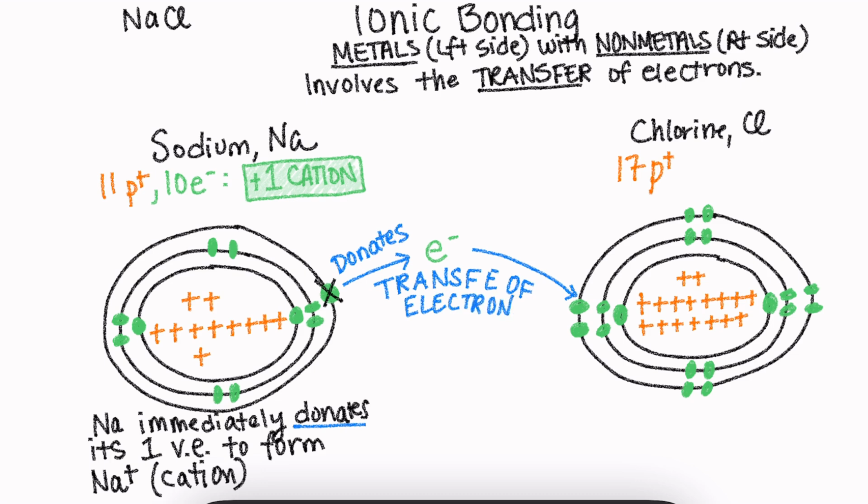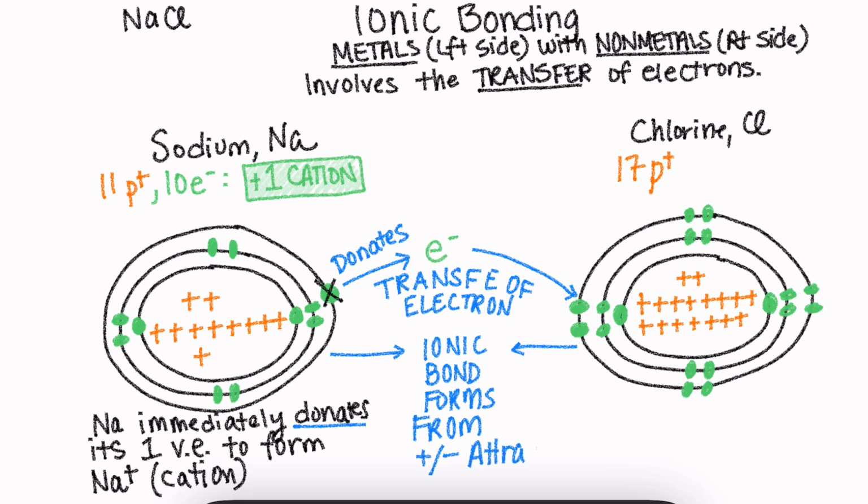And now there's an attraction. And the ionic bond forms from the attraction of positives and negatives. However, they don't actually stay in a solid form in our bodily fluids.